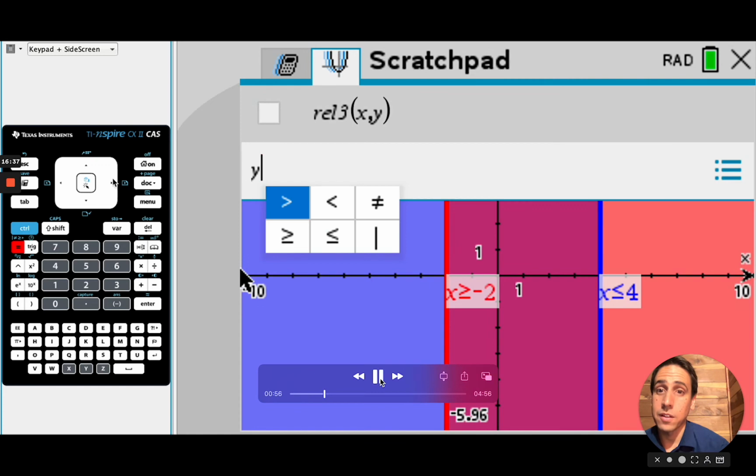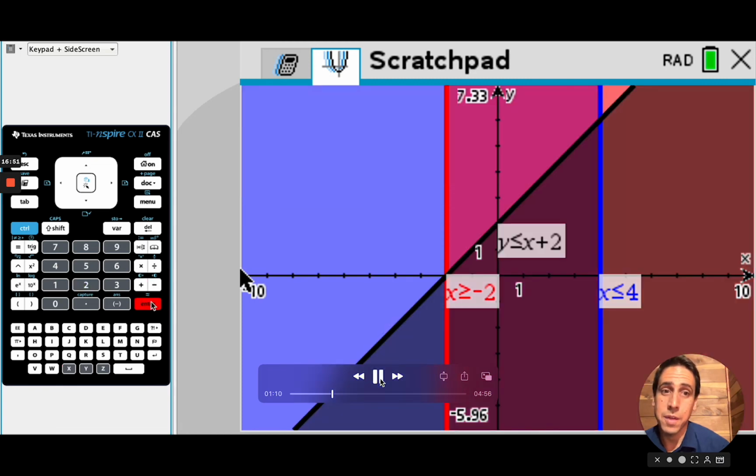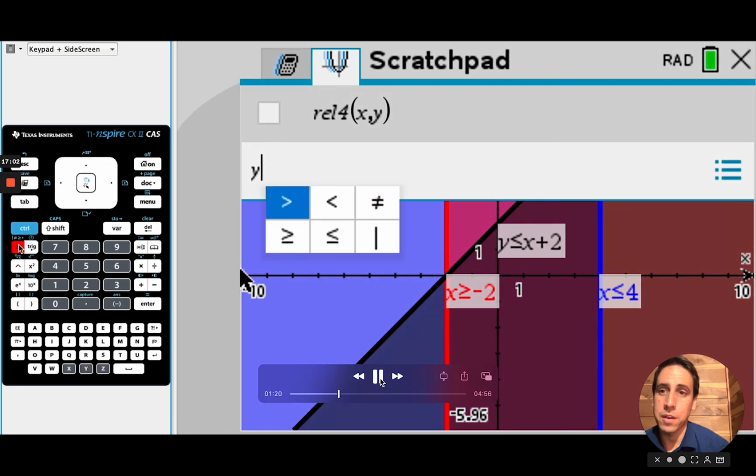Let's type in a third relation. Y is, not equal to, we do Control equal button, and then less than or equal to, what's it going to be? X plus 2. Type that in. Boom. Shaded. Tab, relation 4. Y, Control equals to bring up the menu. Use the arrows to cycle through.